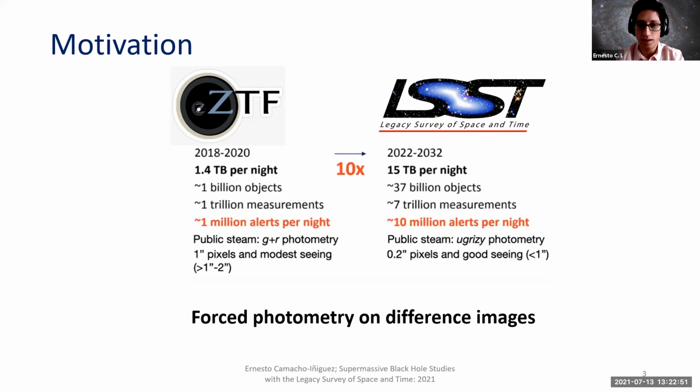I want to stress here that we think we are using the right approach by using force photometry on difference images, because in this way we can deal in the best way possible with the host contamination, the host contribution to the emission. And this is the closest we can get to what Rubin is going to provide.